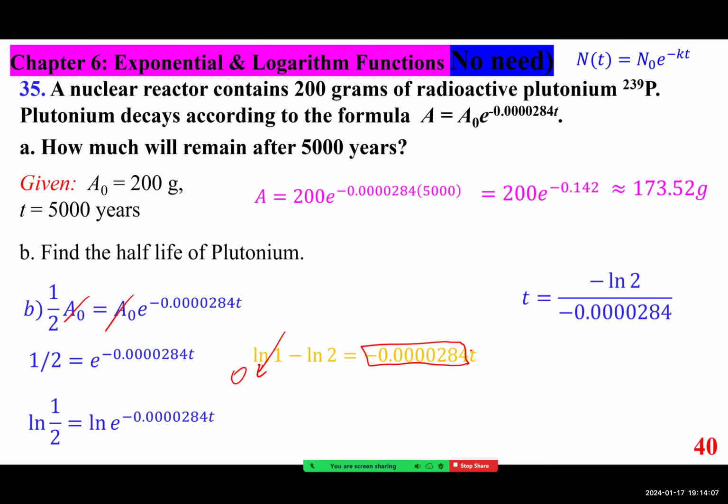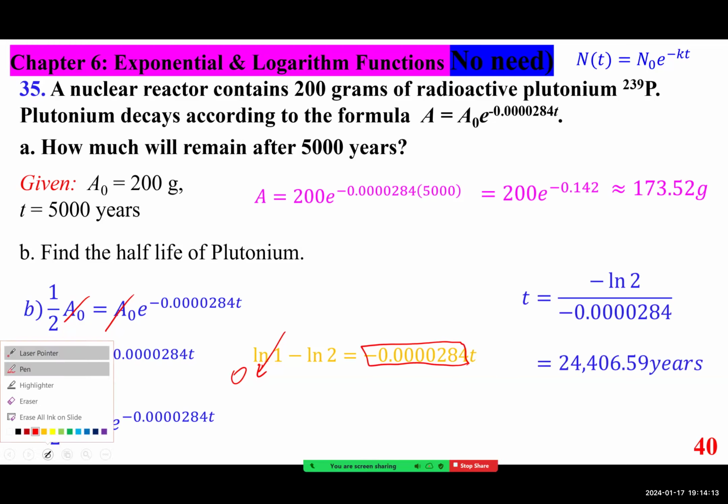And now if you put it into a calculator, by the way, negative over negative is positive, it gives you 24,406.59 years. In this case, because even this formula is somewhat an approximation, they probably want it to the nearest whole number.